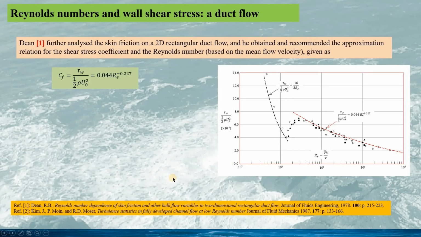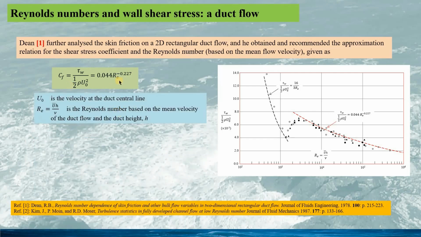Then, further analysis of the skin friction on the 2D rectangular duct flow. Instead of the mean velocity, here he used the velocity at the center of the duct. So he got the friction coefficient for the duct flow given in this formula.